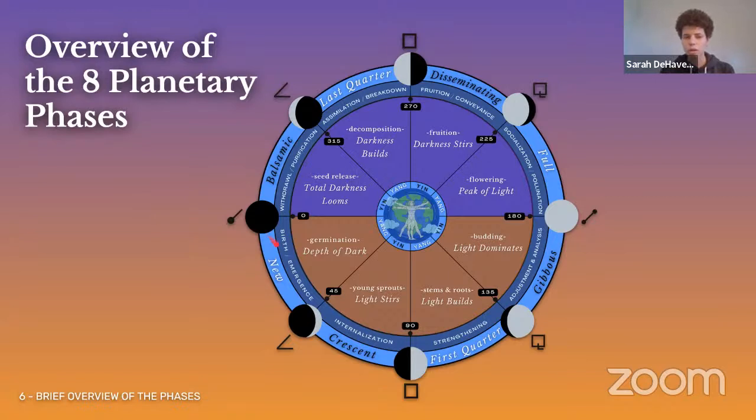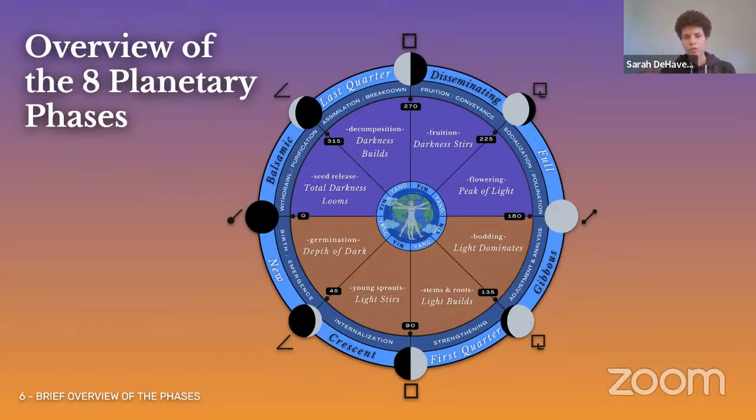So very subjective, right? And then we move into the gate of the semi-square, the 45-degree semi-square, into the crescent phase. This is a yin phase. So we're starting to go back inside. Internalization is a big keyword here. As far as plants go, it's very analogous to the young sprouts.